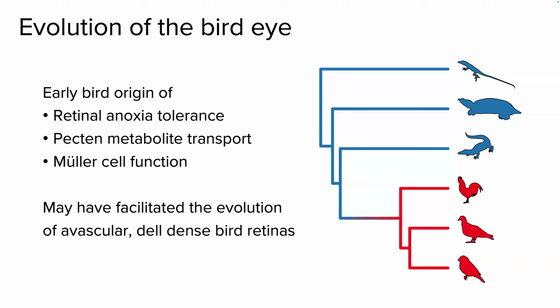And then Müller glial cells in the same phylogenetic interval developed a higher capacity to distribute lactic acid and glucose within the retina. So we suggest that the development of an avascular but very cell-dense retina within birds was supported by this triad of mechanisms that supports the anaerobic ecosystem within the retina.